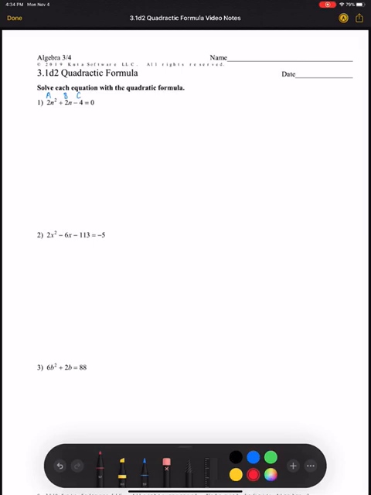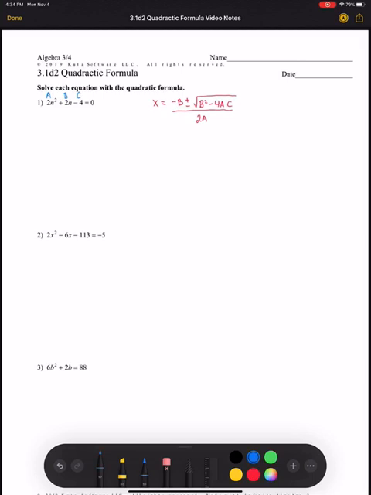The quadratic formula is x equals negative b plus or minus the square root of b squared minus 4 times a times c all over 2a. So I'm going to take my a, b, and c values and plug them into this formula and then simplify.